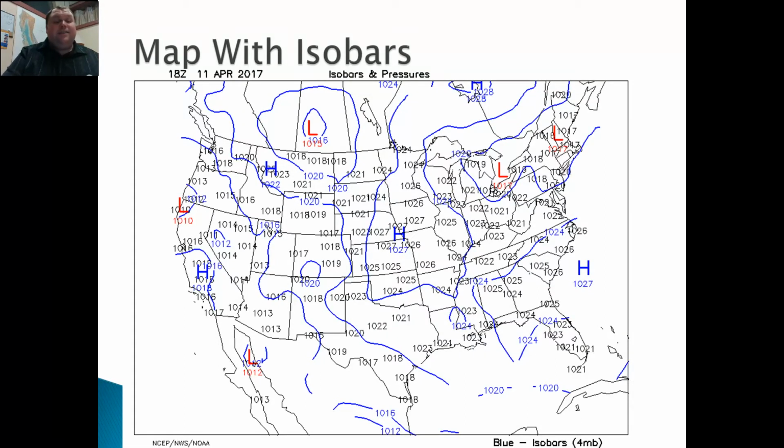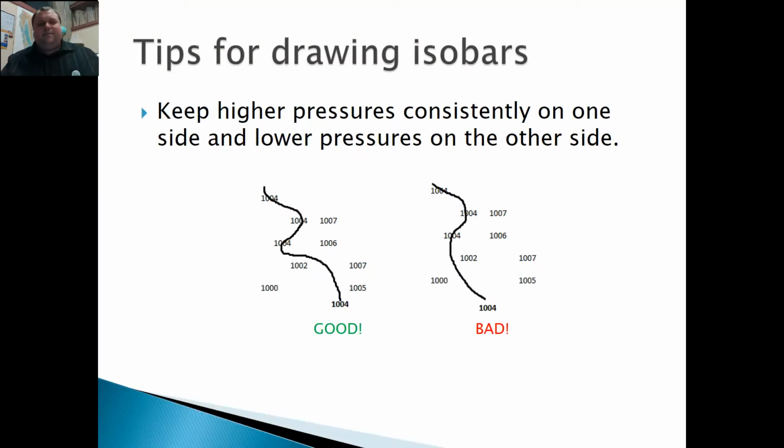All right. So the first thing you need to know for drawing isobars is an isobar is like a line in the sand. It divides one thing from another. Everything on one side of the isobar is going to be lower pressures. Everything on the other side is going to be higher pressures. So for example, right here, I have this 1004 millibar isobar.